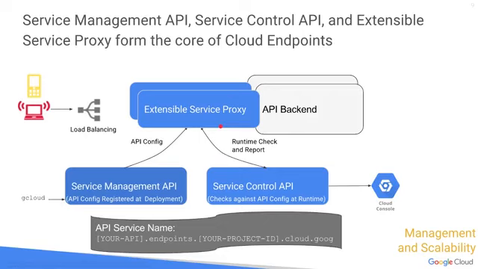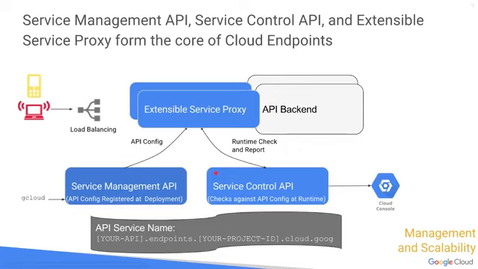At runtime, Cloud Endpoints can receive calls from any source such as mobile applications, web applications, and other services. The calls are load balanced and routed to the extensible service proxy. The extensible service proxy works with the Service Control API to check the request against the API configuration and verify that the request can be passed through to the backend.